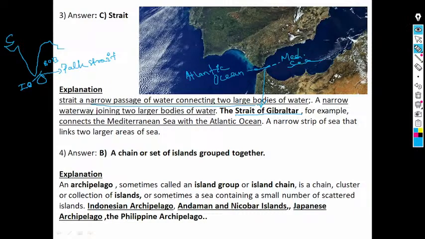This is the Pak Strait, with Sri Lanka and a chain of islands connecting your Bay of Bengal and Indian Ocean. It's a narrow channel that connects the Bay of Bengal and Indian Ocean. Same as the Strait of Gibraltar, this is your Africa, and this is your Europe.